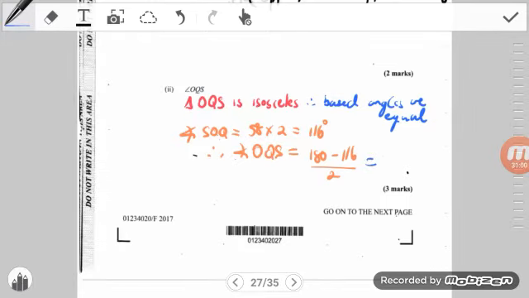So 180 minus 116, that's going to give us 64, and 64 divided by 2 is equal to 32 degrees.